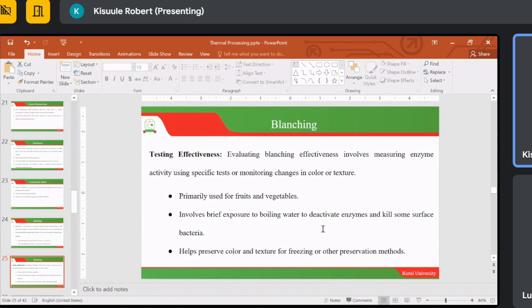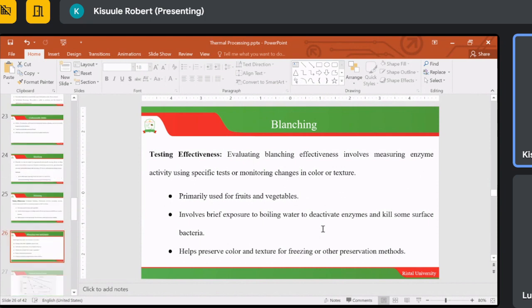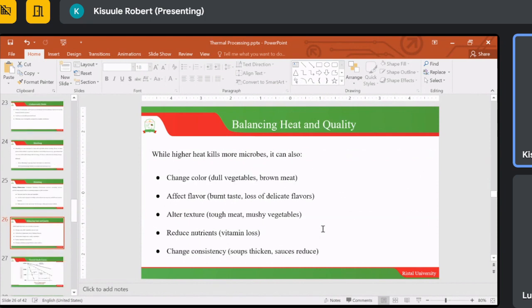Primarily this is used for fruits and vegetables, where a brief exposure to boiling water deactivates those enzymes and also kills some surface bacteria. This helps preserve the color and texture for freezing and other preservation methods once we are done with blanching.